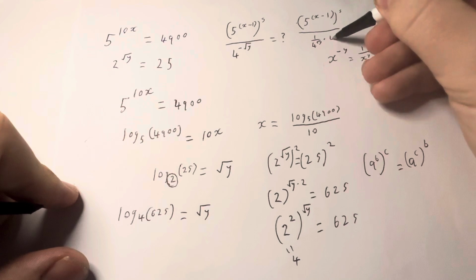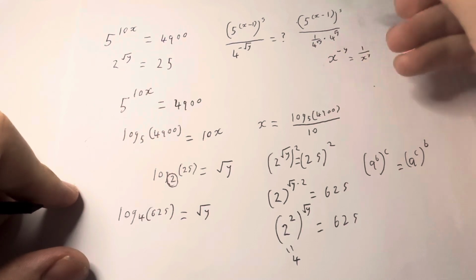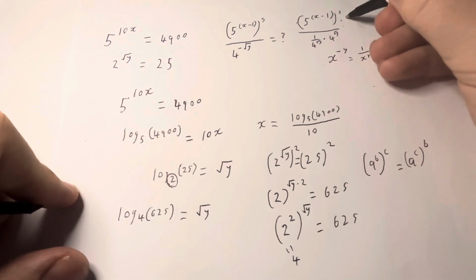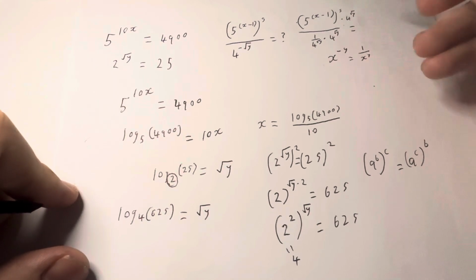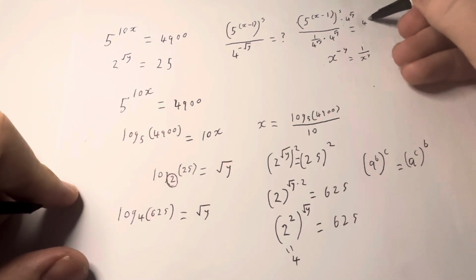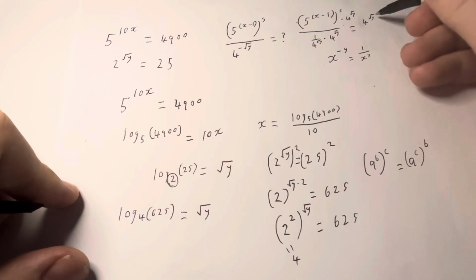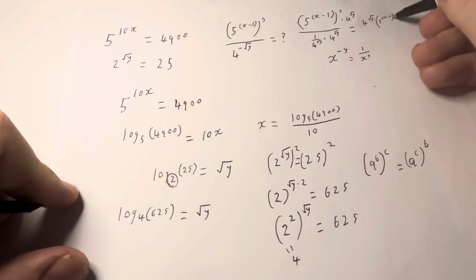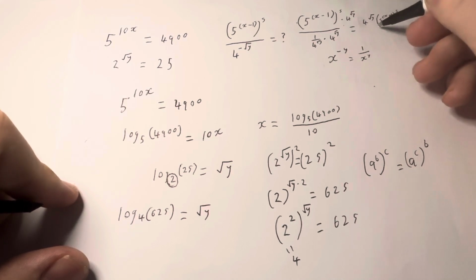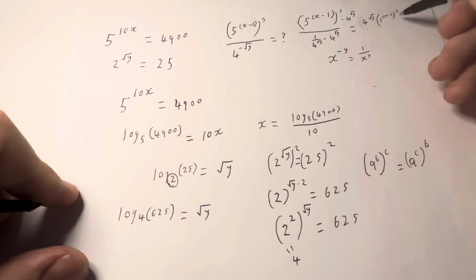So then we can times top and bottom by 4 to the power square root of y to get that this will give us 4 to the power of square root of y times this whole thing here will just give us our answer.